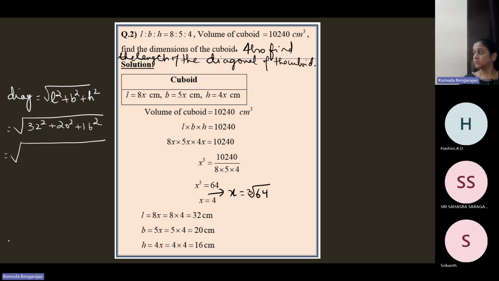It's a big number. So we have learned squares and square roots, right? 32 into 32 is 1024. 20 squared is 400 and 16 squared is 256, plus 400 plus 256.